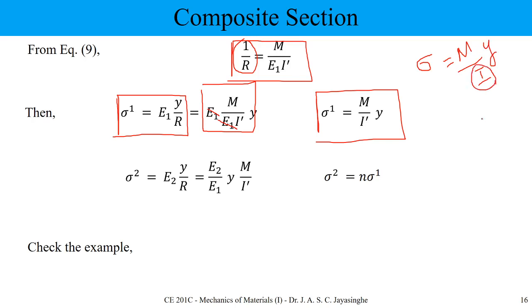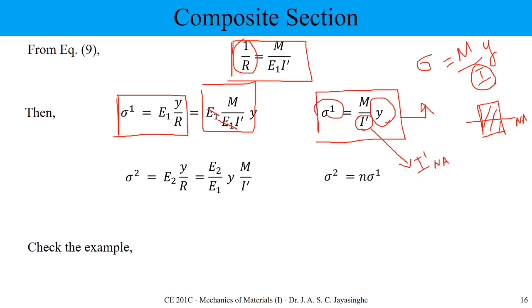If you have only steel, a homogeneous material, then this is I through the neutral axis. In here we have I dash, so that means you need to transform the section, get the transformed section neutral axis, and after that get I through that transformed section neutral axis. And y, of course, again is the distance from the transformed neutral axis. So this is a simple equation.